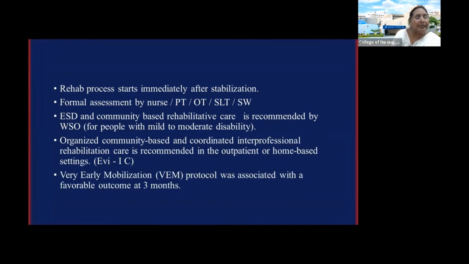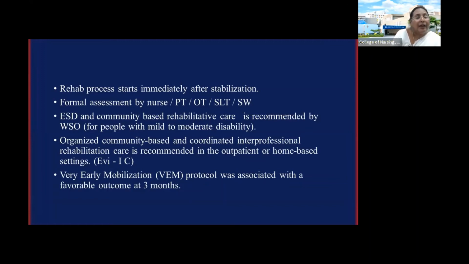That is evidence. Now there's something called very early mobilization. This protocol is also associated with stroke, and they have done a lot of studies and said there is a favorable outcome at 3 months when we do early mobilization. So when do you mobilize a stroke patient?